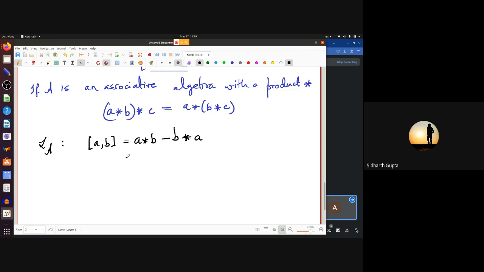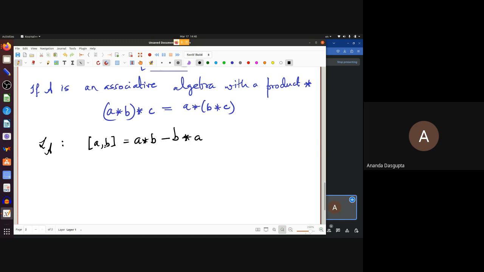You agree? Yes. So the Jacobi identity will automatically follow. In other words, if you are given an associative algebra, you can always create a Lie algebra from it.